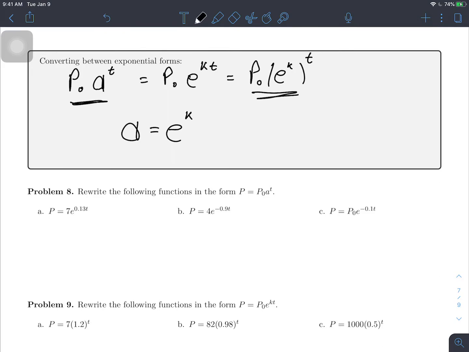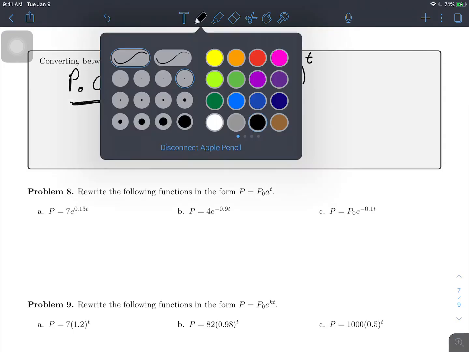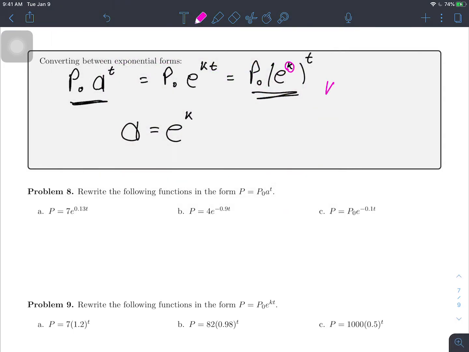When we write our equation in the second form, k represents our percent interest compounded continuously, whereas in our original equation, we had a equals 1 plus r, where r was percent interest annually.